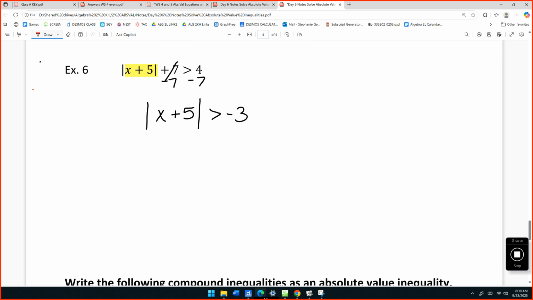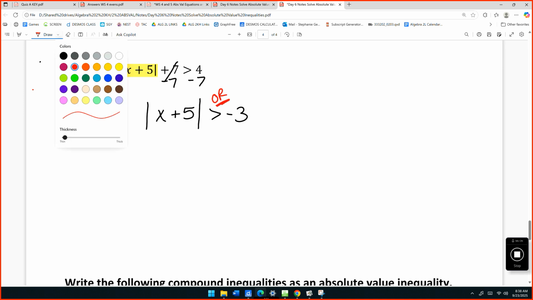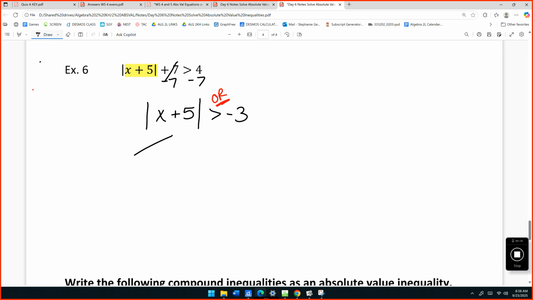Can absolute value be greater than a negative? Yeah, I mean, positives are greater, right? So I can keep going with this one, okay? But it's a greater than, so that means it's an "and" or an "or"? More "or". So that one's going to be an or, okay? So we can split and we can solve.